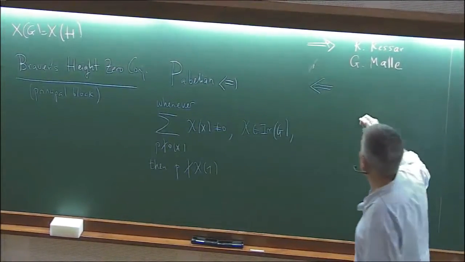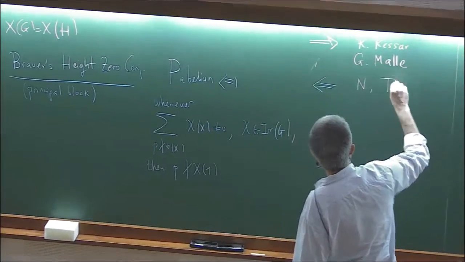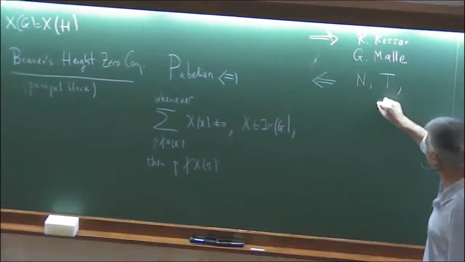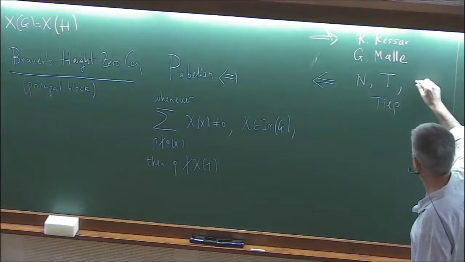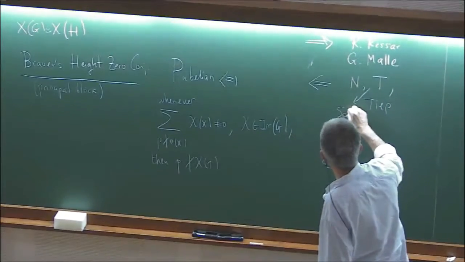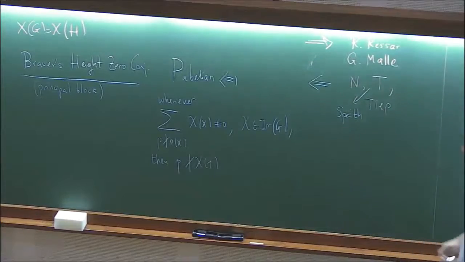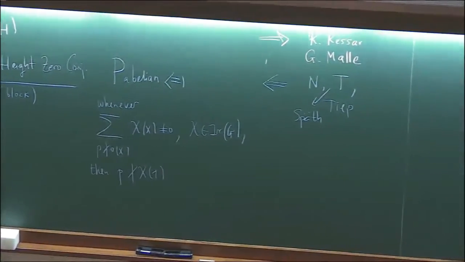This is work by myself. T is going to stand for Tiep in this talk. And Britta, sorry, so she has to come first, Späth, Britta Späth. By work of us, now this is a question on simple groups.